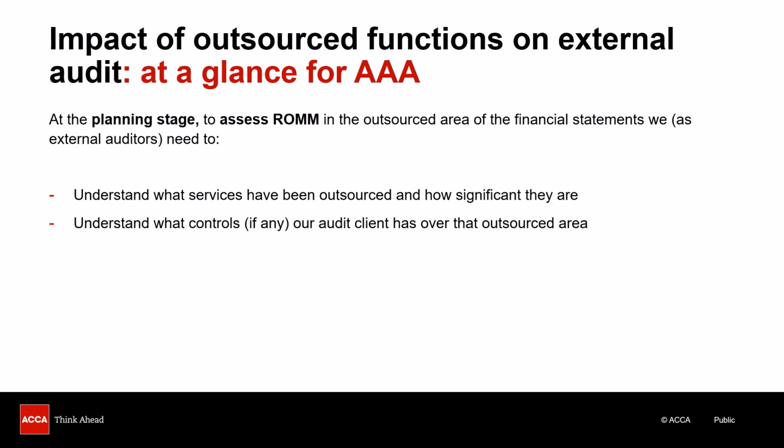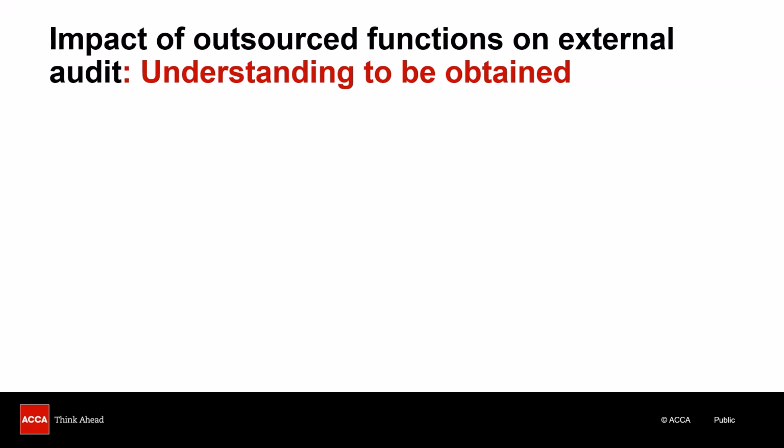Amazing. How is our audit client keeping an eye on their work? And then once we have this understanding, we're going to design and perform procedures based on how risky this area is. So this is the simplest version of the 3 steps that you need to apply to exam questions.